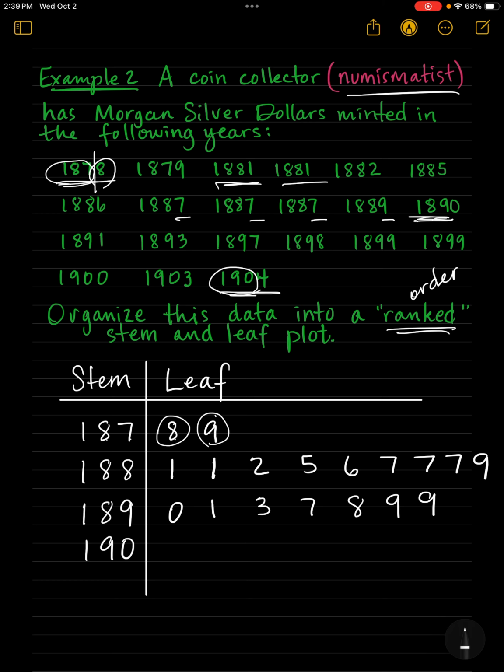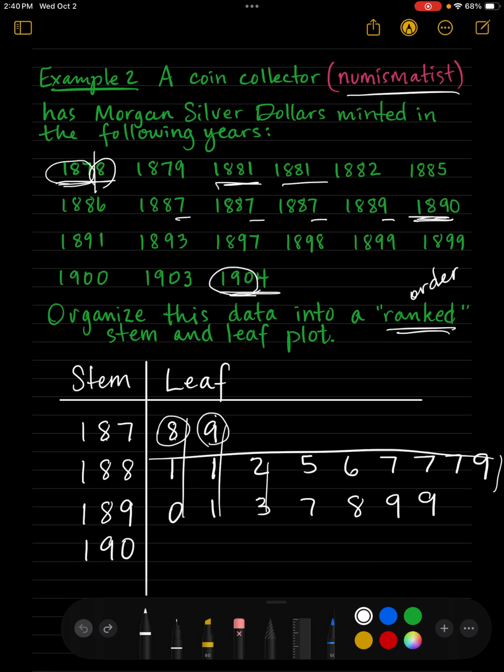And we know that all the numbers in the leaves are single digits. And notice I tried to space them out about the same, so that it almost kind of reminds you of a bar graph. They kind of look like bars if you look at it sideways. Also, let's finish this up.